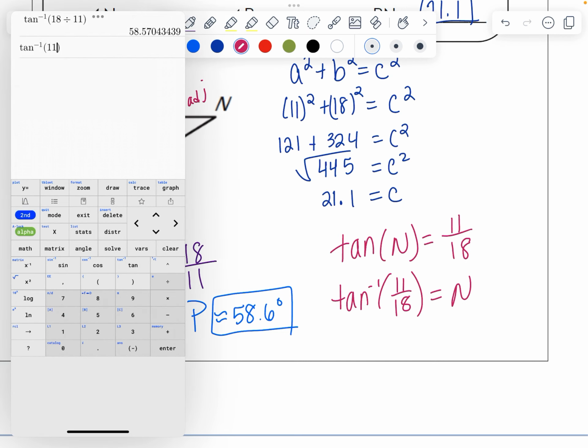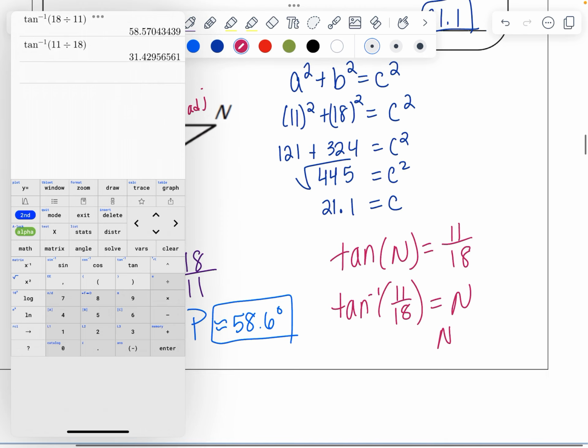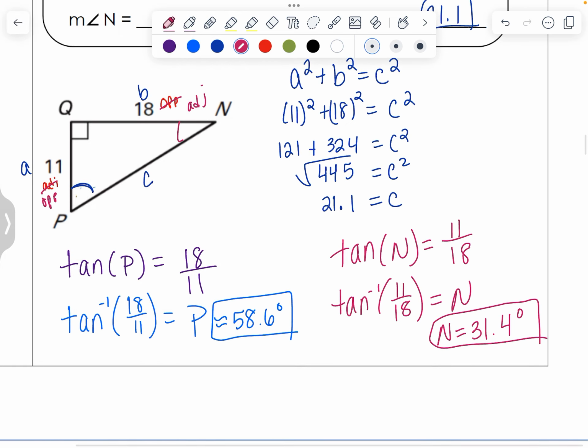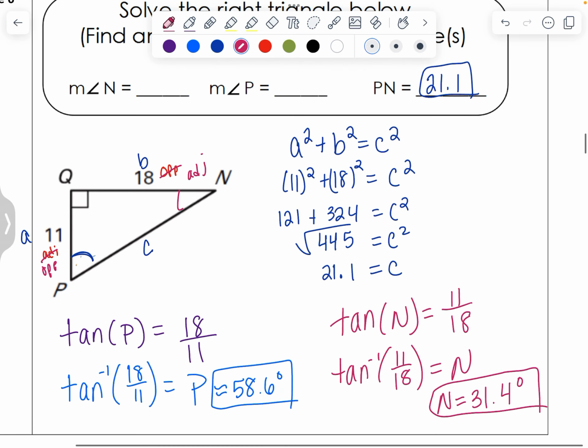Or you could have taken the angle that you found for P and subtracted it from 90 degrees, because these two angles should make up 90 degrees together. So angle N was 31.4 and 58.6, which does add to 90 because we want a total of 180 degrees in that triangle.